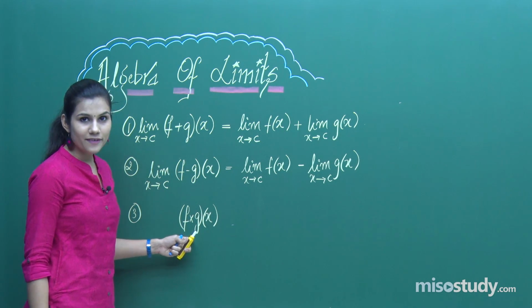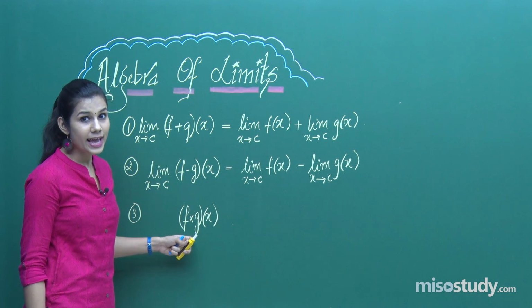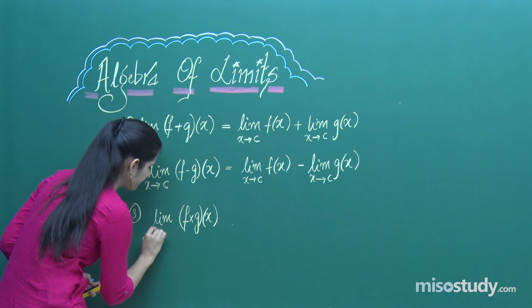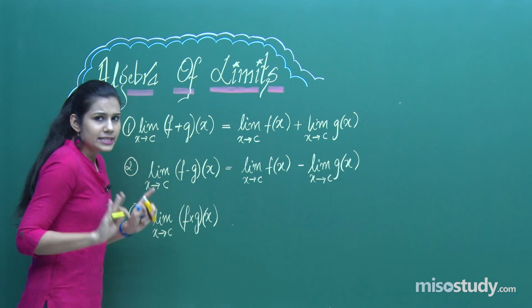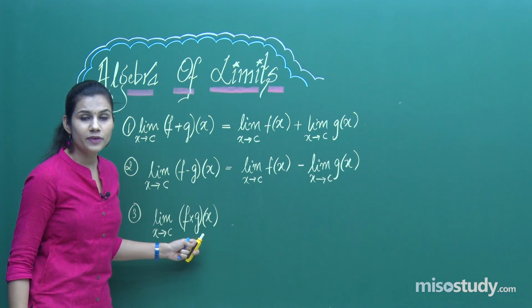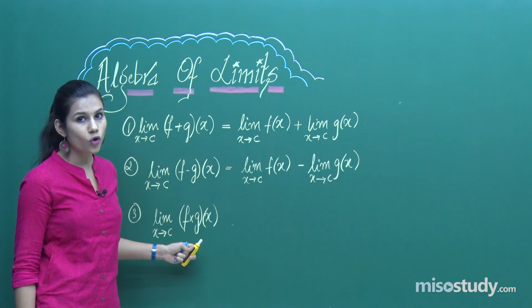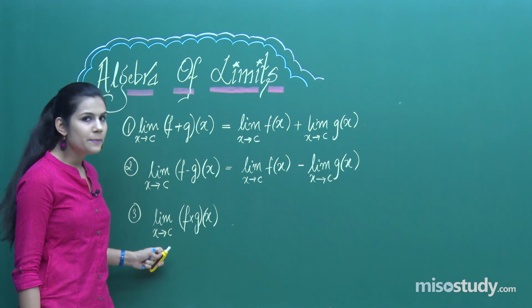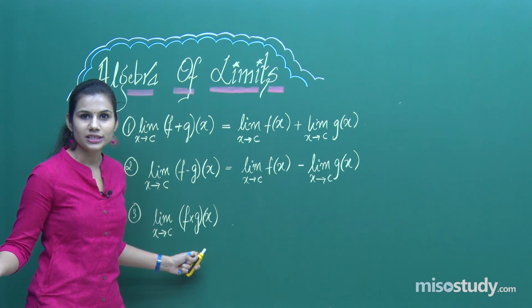To evaluate the limiting behavior of f into g at C, what is enough for me? Sufficient for me is the limiting behavior of the two individual functions involved in this algebraic combination, and I will be able to give you the limiting behavior of this product function. Why?